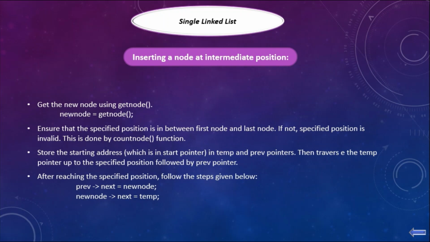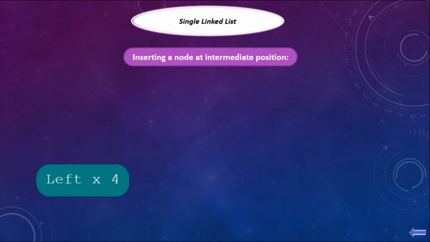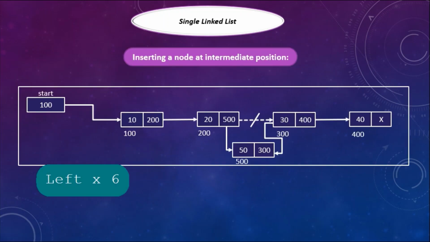They are: we initialize the next field of the pre pointer with the new node, and the new node's next field with temp. The pre pointer points towards this one node, and the temp node is pointing toward this node.